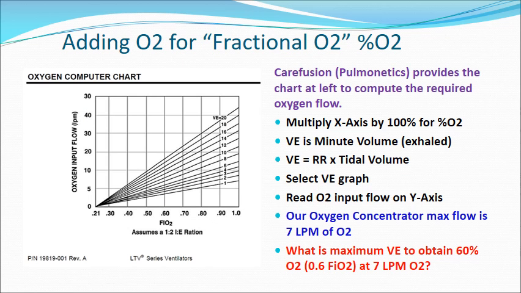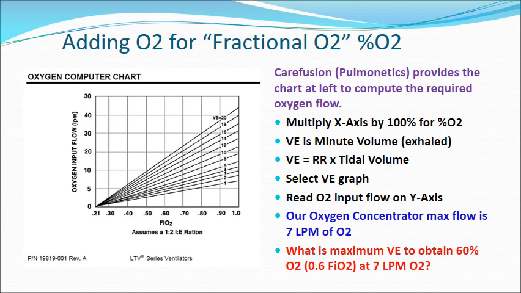Okay, now wake up and pay attention on this one, because for our evaluation of the wind power oxygen concentrator analyzers, we need to use the LTV 950 as a precision air oxygen mix function. And you can do that using the chart provided by CareFusion Pulmonetics. You see there are multiple lines here. Each one of the graph is for a different minute volume.